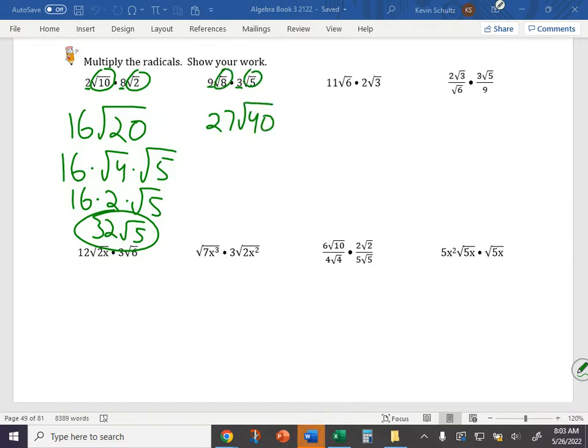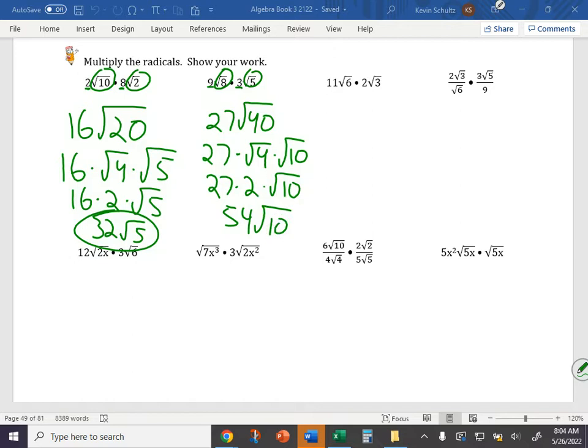And then root 40, you can simplify to 4 and 10. Good. Root 4 equals 2. And you got 27 times 2 times root 10, which is 54 root 10. Fantastic. That would be our final answer.